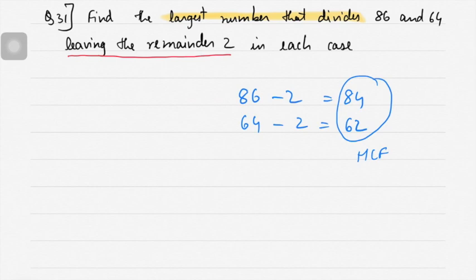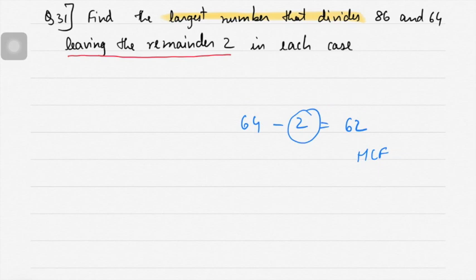Because you need a number which when divided still leaves a remainder 2, right? So just subtract 2 from the given numbers, then you will get two numbers, and you can calculate the HCF of those numbers. Correct?